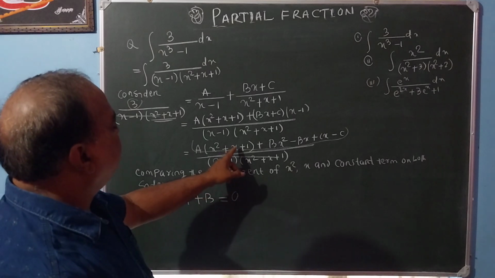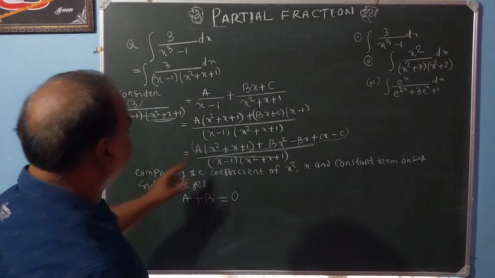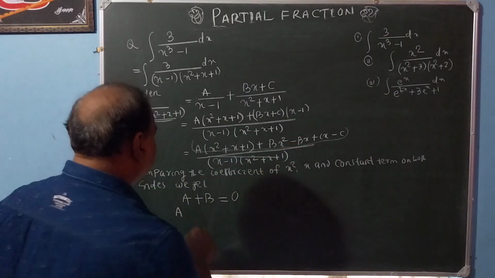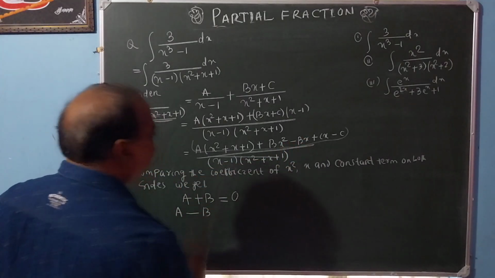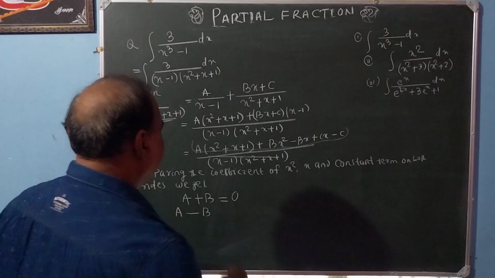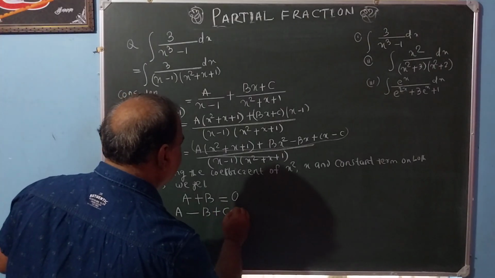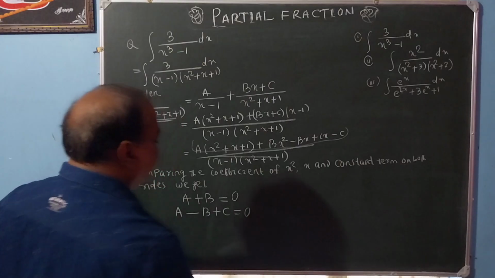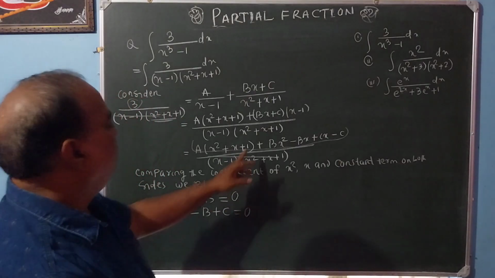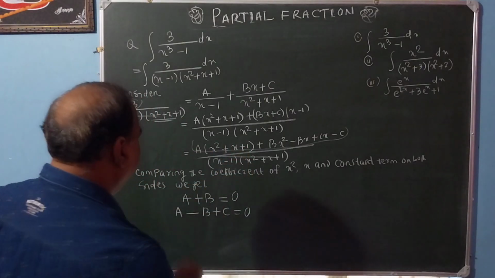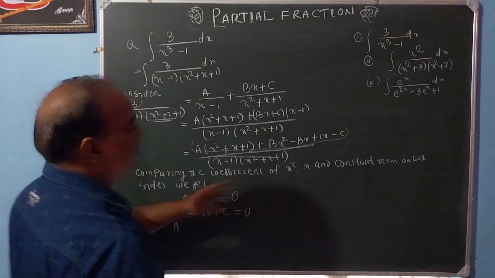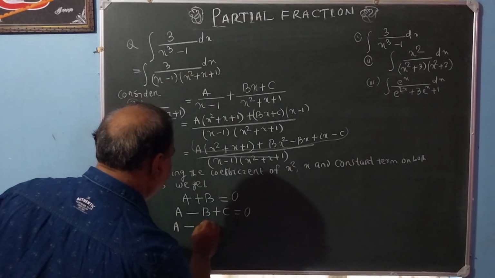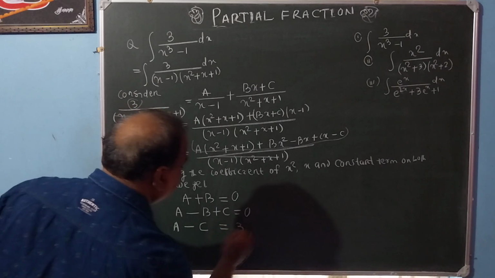Now comparing the coefficient of x: it is a, it is minus b, it is c, and here the coefficient of x is 0, since there is no term containing x. Now the constant term: a minus c is equal to 3.